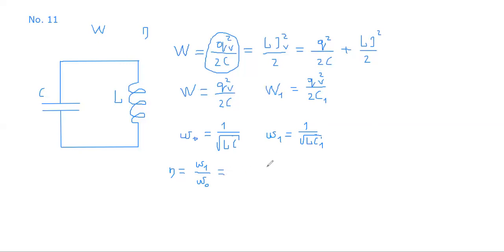And here we have that square root of LC1 divided by square root of LC, and this will be the square root of C1 divided by C. Okay. Do you have any questions about this?